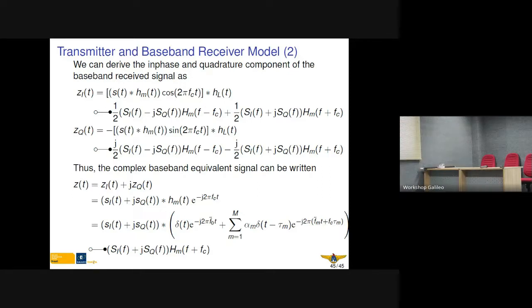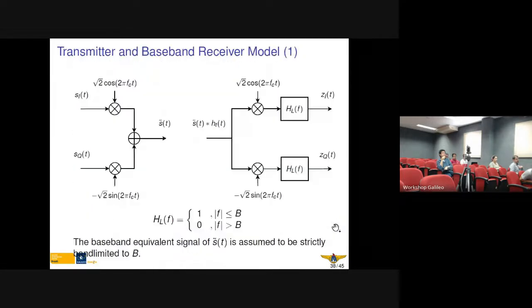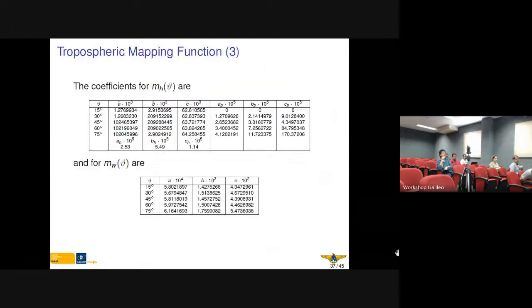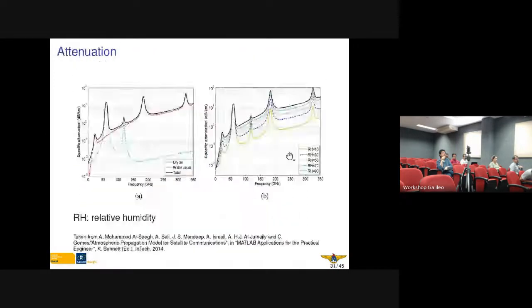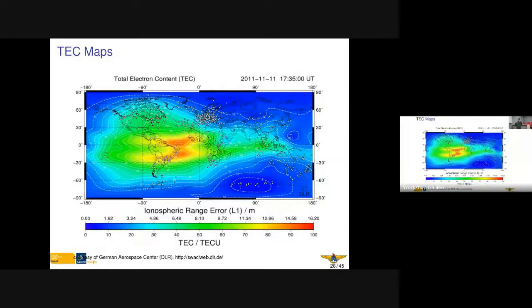So I have a question, going back to slides number 26 and 28, please. It's not a coincidence that the most intense regions of TEC are the same as the intertropical convergence zone, right?